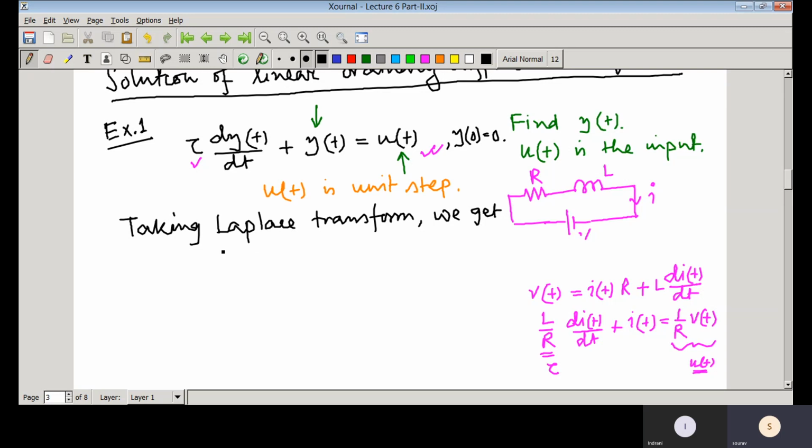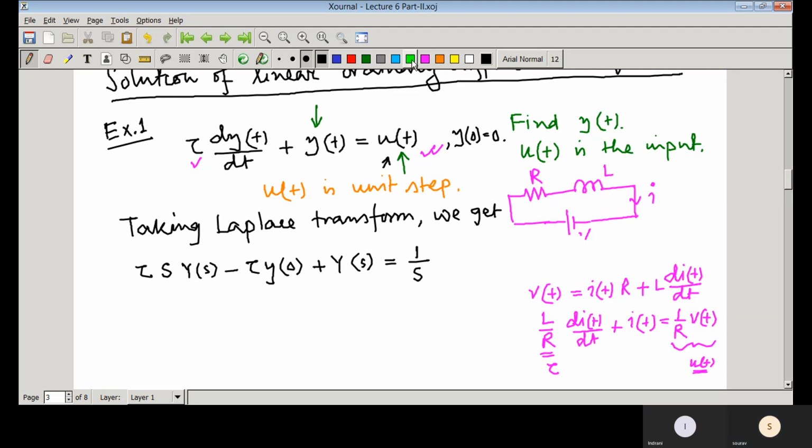So taking the Laplace transform, what will you get? You can apply that formula for the derivative. The Laplace transform gives tau s Y(s), and then you have another term associated with the initial condition. Then for the second term you have Y(s), and the Laplace transform of u(t), if it is a unit step, would be 1/s.